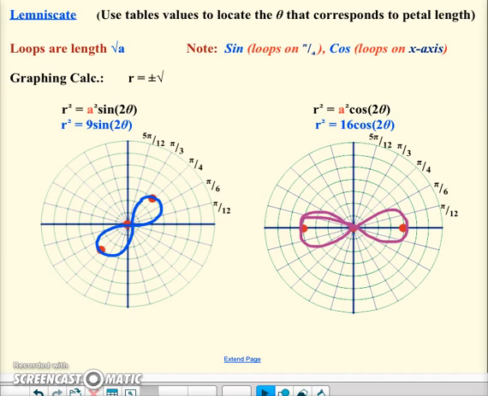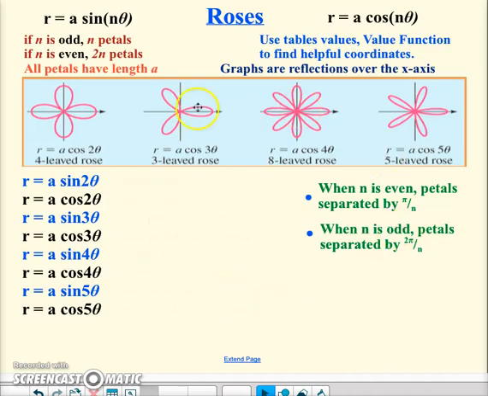You know, with lemniscates, 2 things you got to think of: is it on the pi/4s? Is it on the x-axis based on sine or cosine? Cardioids, again, pretty simple as far as figuring out the stuff. Circles, simple, but roses have a little bit more going on. So there's a few things, and then the calculator is going to help take us part of the way, graphing by hand the rest of the way.